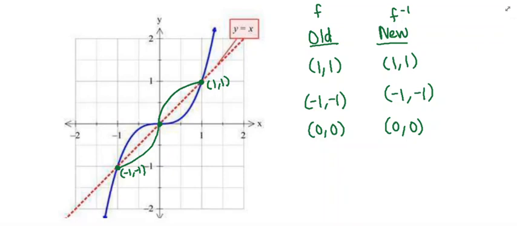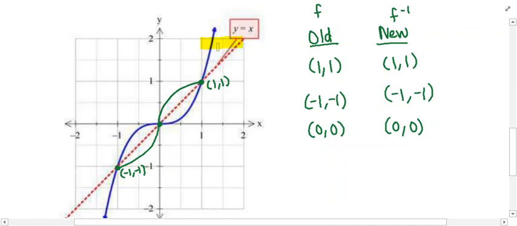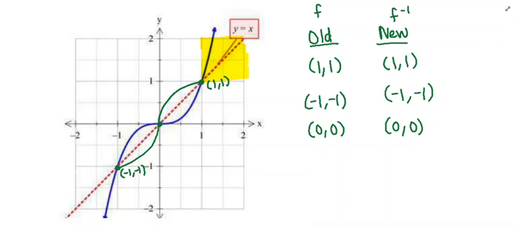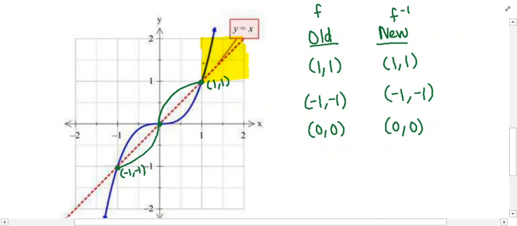We need to do it for a couple more segments. Let me go up here. We haven't done this piece yet. Again, we need to draw the inverse in such a way that if we did fold the sheet of paper along the red dotted line, the blue curve would fall directly on top of what we draw. You kind of have to visualize this.